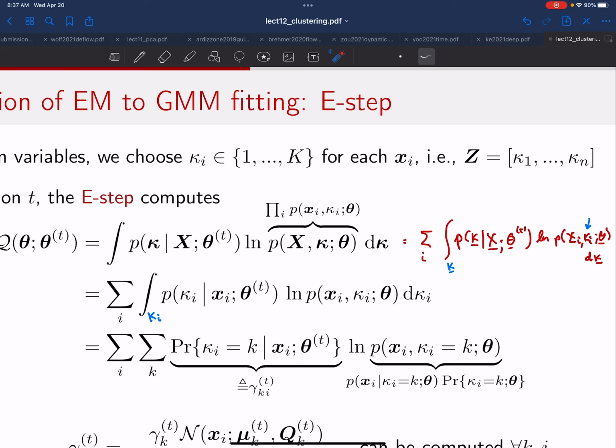So let's replace that integral with a sum, for k equals 1 to capital K. And we'll rewrite this density as the probability that kappa i equals k, and similarly here, we'll write this as the event kappa i equals k.